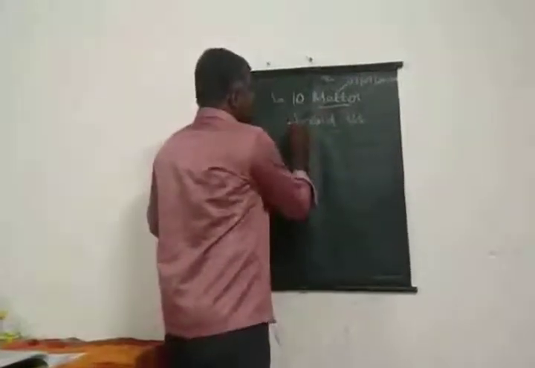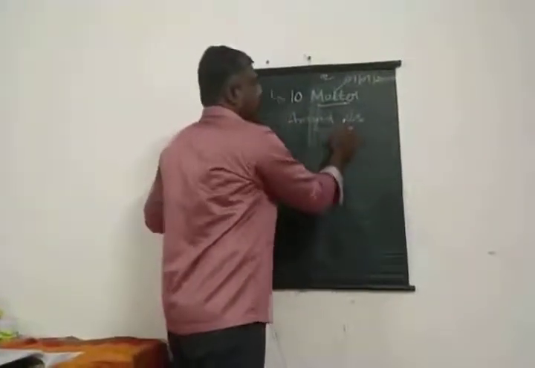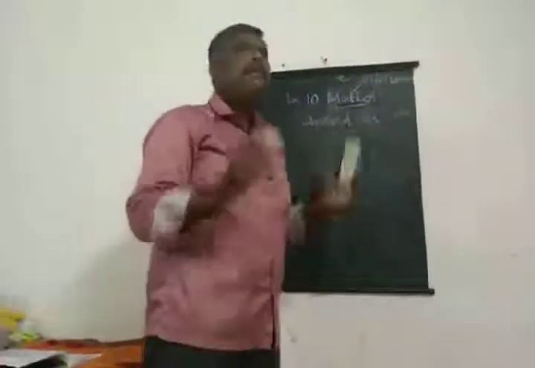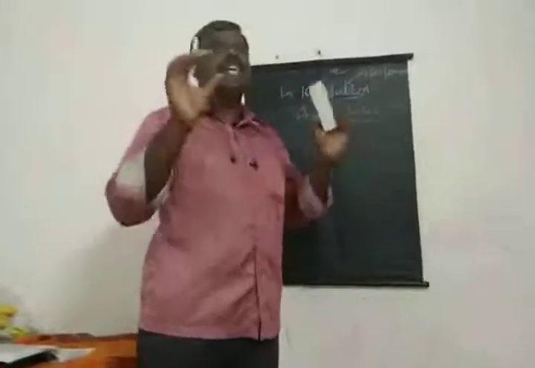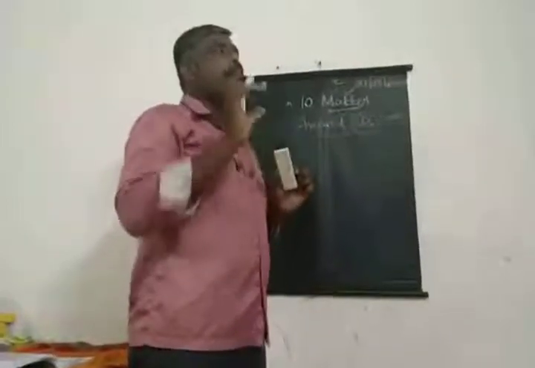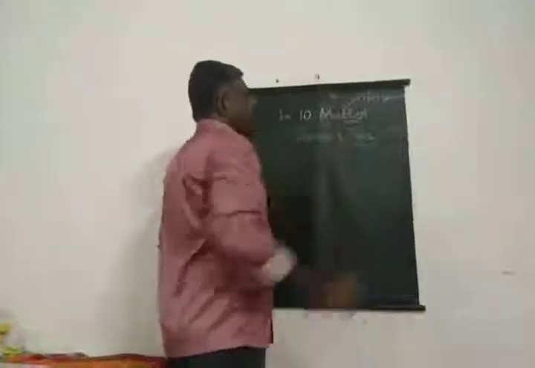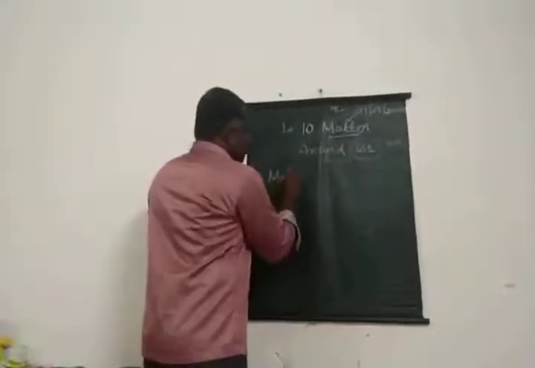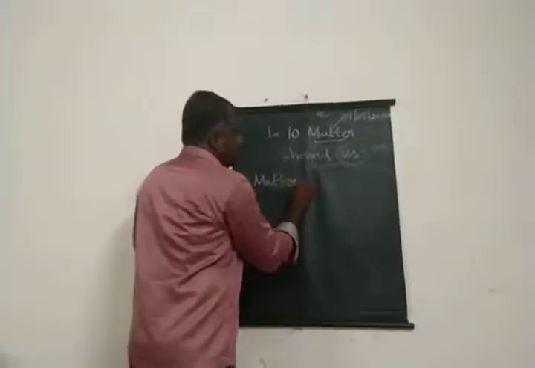So what is meant by around? Around means surrounding, as in, around us. So what are the materials present in our surroundings? We are going to discuss that in the chapter. So the definition for matter. How to define matter?